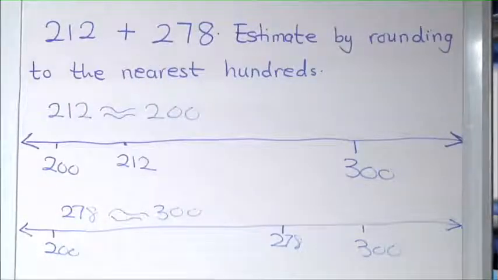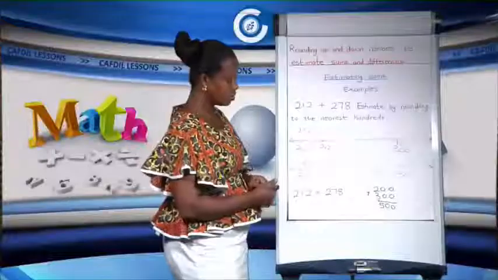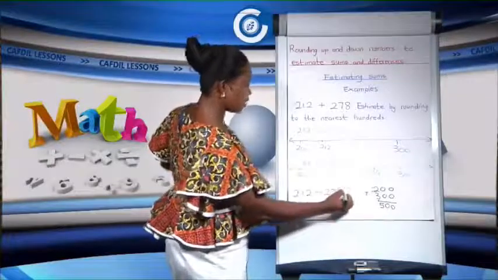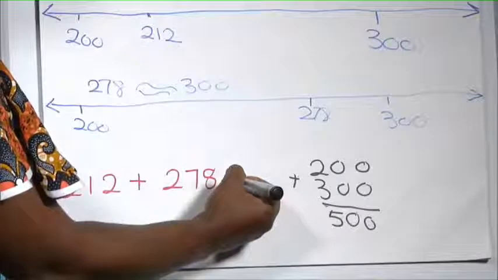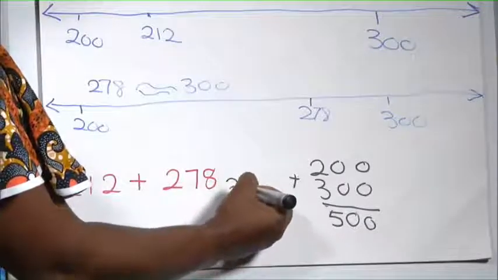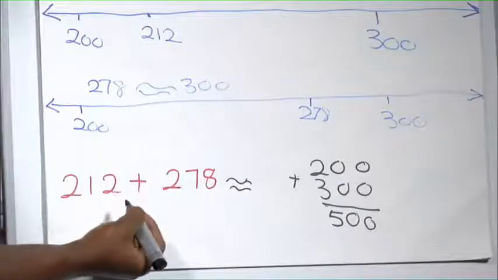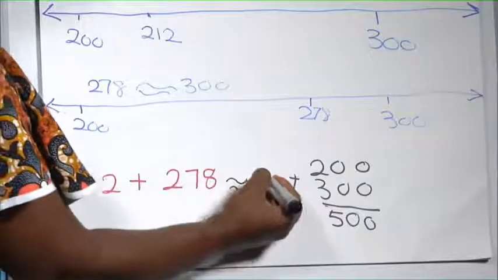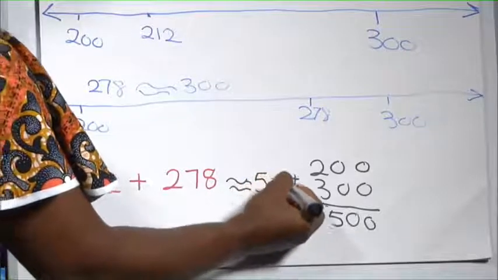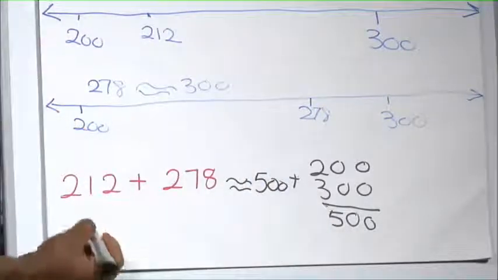Estimate by rounding to the nearest hundred. So, the answer is going to be, we are not going to use the equal sign. We are going to use the approximation sign. It will be approximately equal to 500.